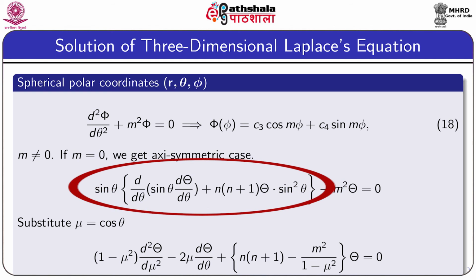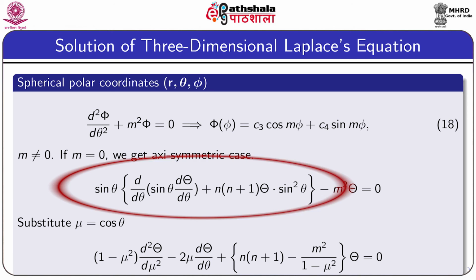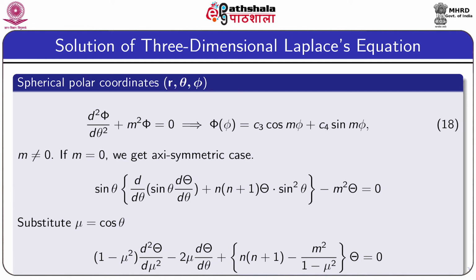Now, this is the equation for capital Theta, and in this equation we make a change in the independent variable through the relation mu equals cos theta. If you substitute this, in terms of the independent variable mu we obtain the equation which is written here. If you see this equation, this is the Legendre equation, but there are some extra terms here, and we know that the solution of this equation is the associated Legendre function.